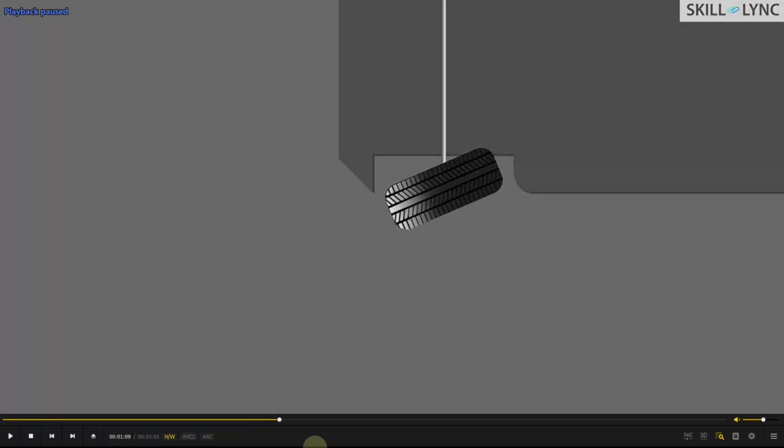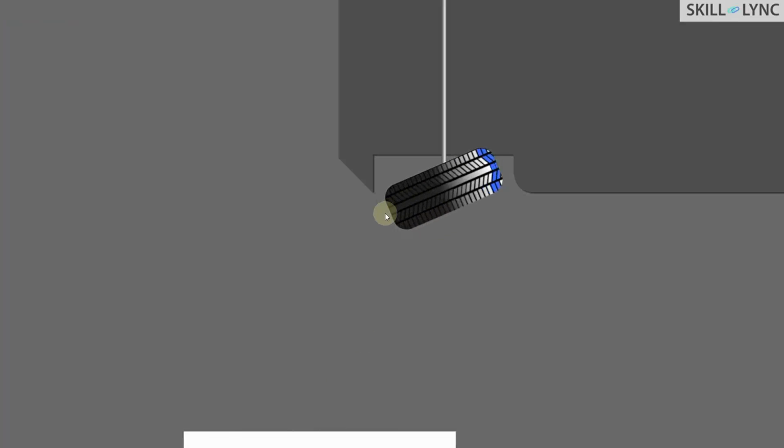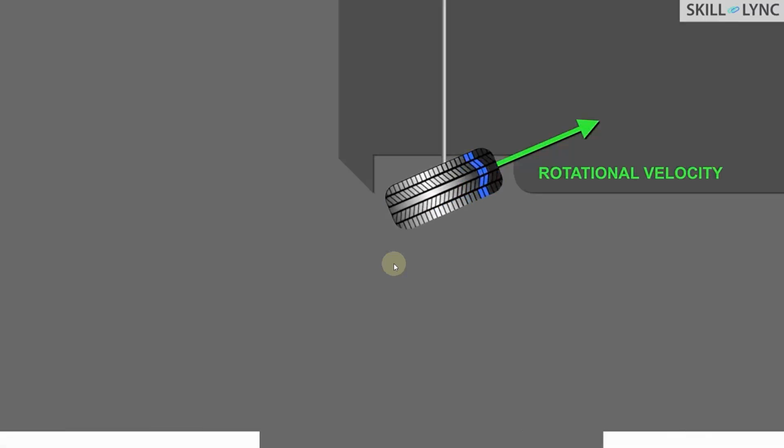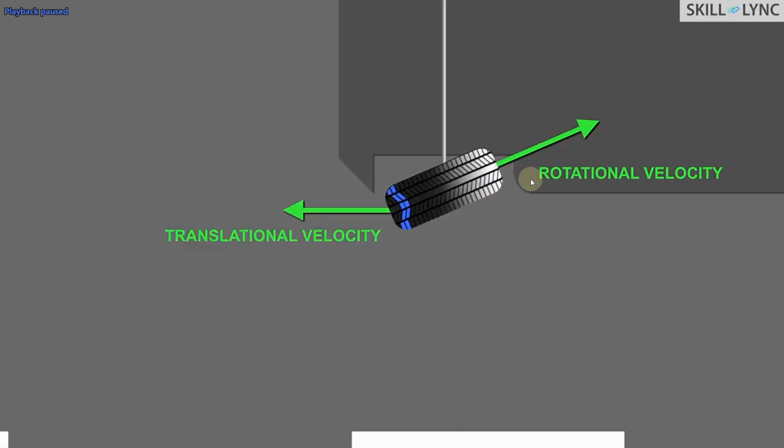When the vehicle is undergoing a turn, or when the tire is turning, you can see two different cases. In one case, the rotational velocity is acting opposite to the direction of rotation of the tire, and the translational velocity is in the direction of motion of the vehicle.